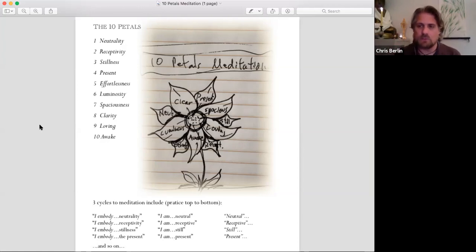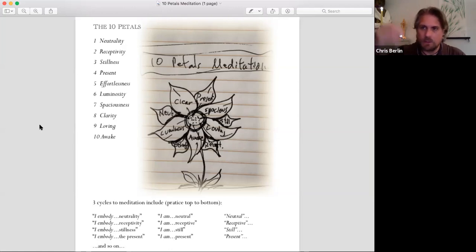And here, by neutrality, this is a word that my teacher Leslie often used, to cultivate a sense of neutrality really is about cultivating a state of equanimity, a state of even-mindedness, where as I sit within my body and my spine is straight and I'm feeling a sense of evenness in my posture, that I meet whatever comes, whatever arises with non-judgment and with equanimity. No preference one way or the other. Whatever comes is simply something that arises, and it then vanishes on its own usually.